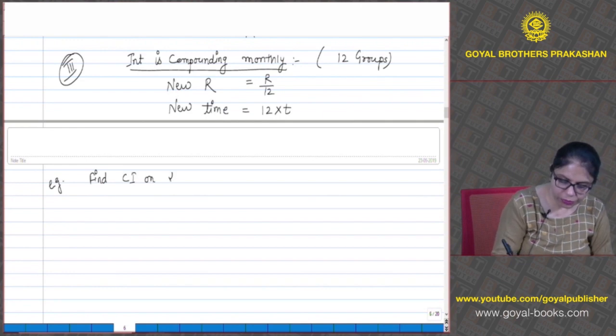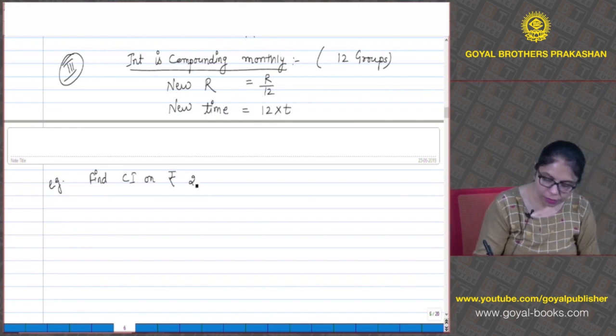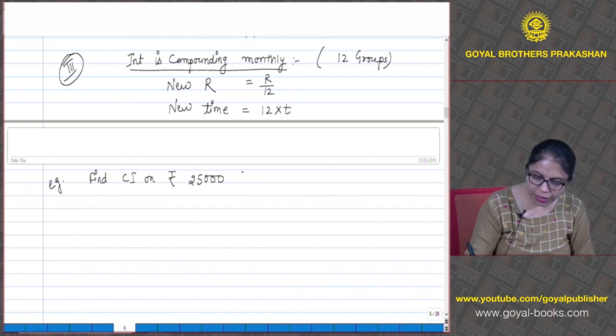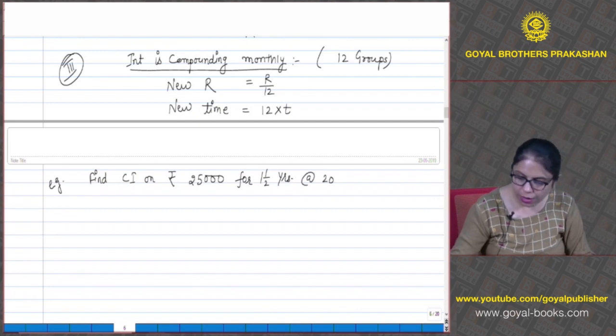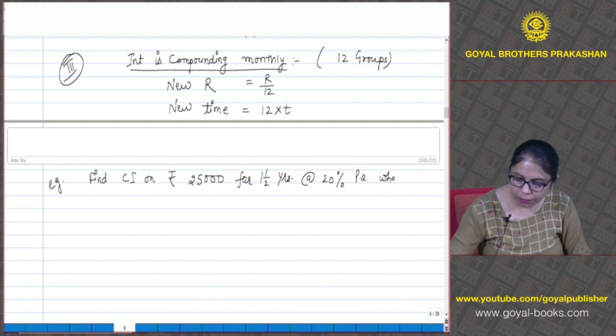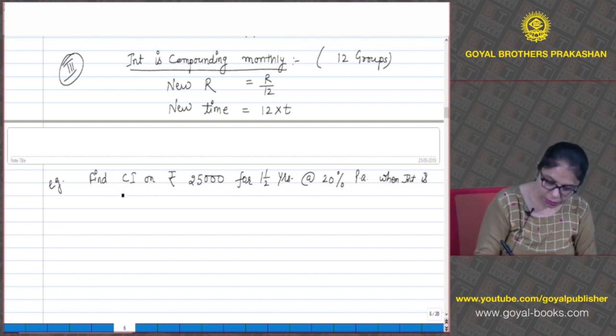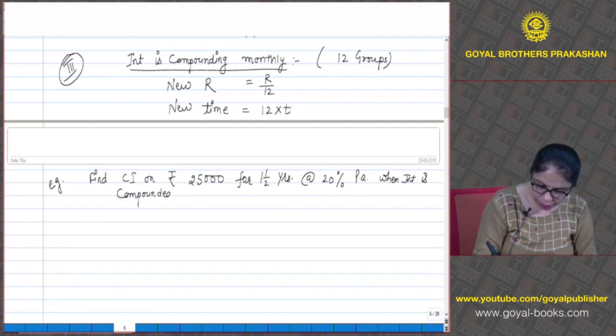Compound interest on rupees 25,000 for 1.5 years at the rate of 20% per annum when interest is compounded half yearly.